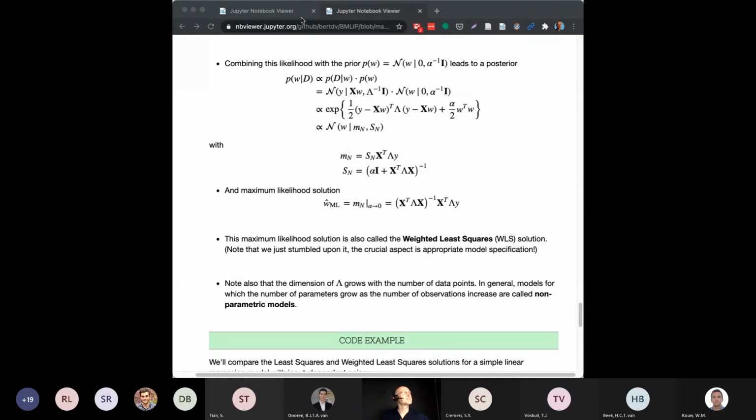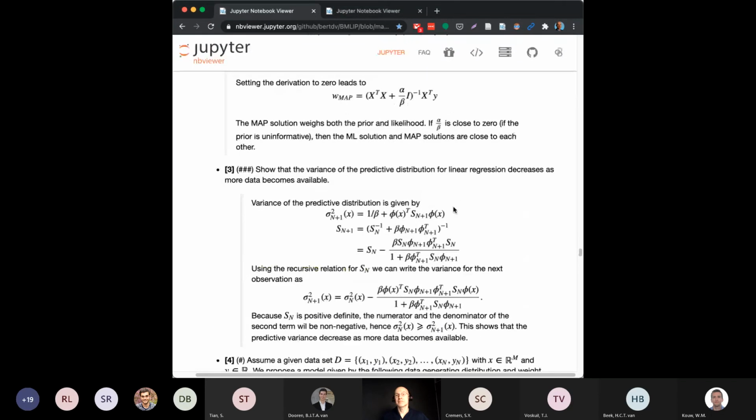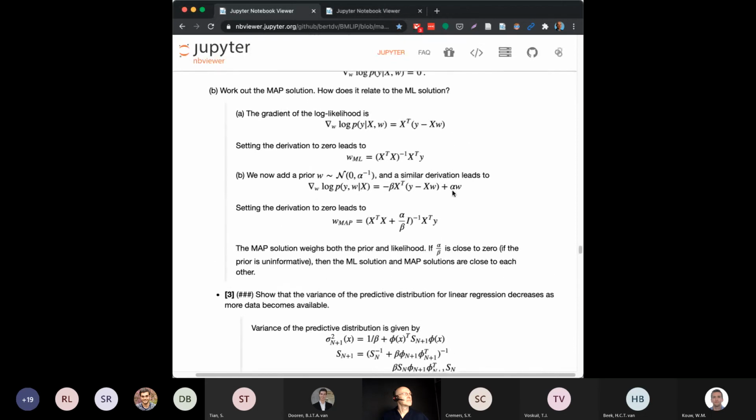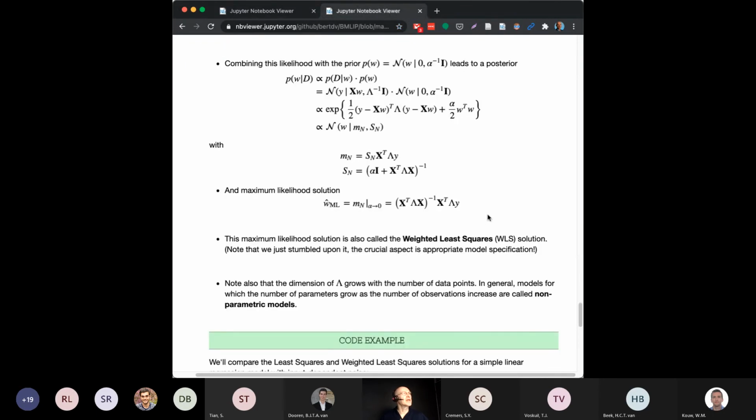Exercise 2A. Let's go to exercise 2A. What is log p(y|x,w) before you take the gradient, and where can it be found? I will update this a little bit, because as defined in the notebook it is probably a little too lazy from me.